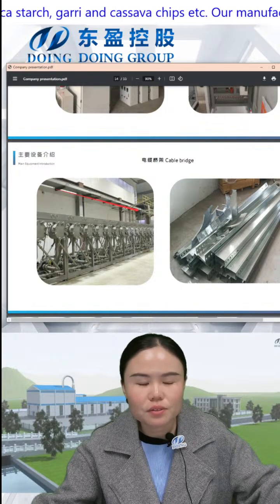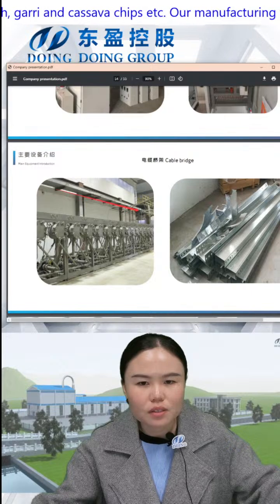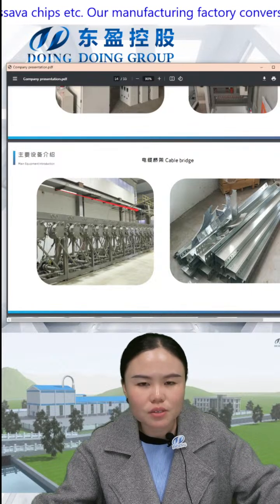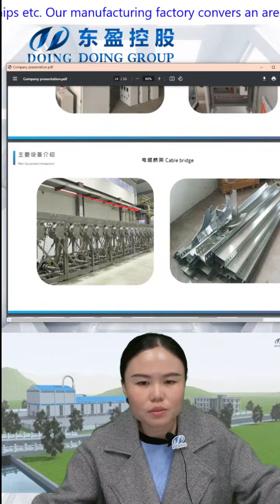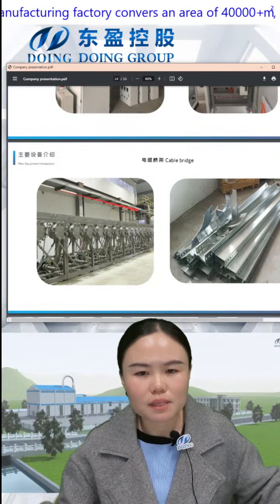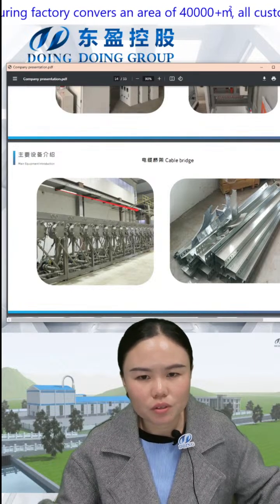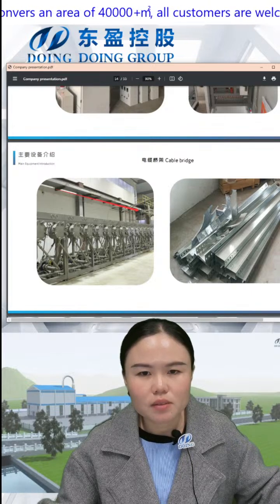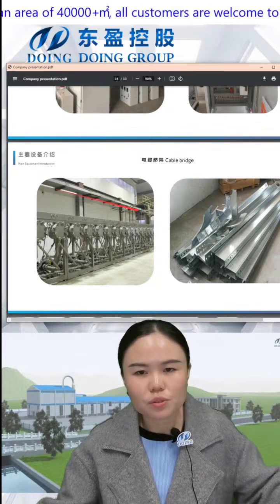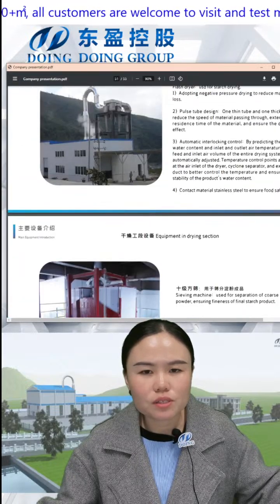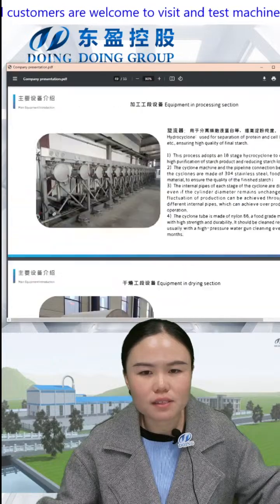If you are interested in building a cassava starch factory but you don't know how to start, you can contact us. Our project manager will give you a call or send you some documents, more pictures and videos, and give you a good solution and suggestion for cassava starch factory build up.